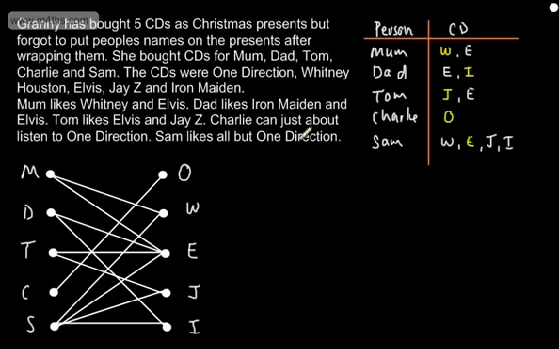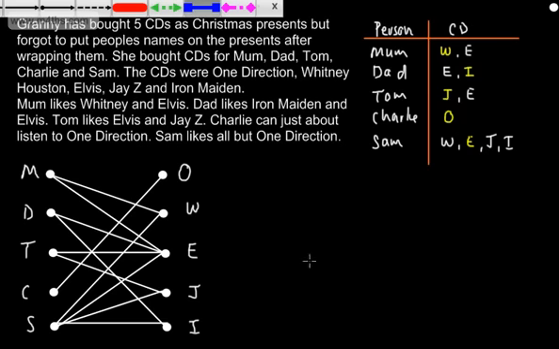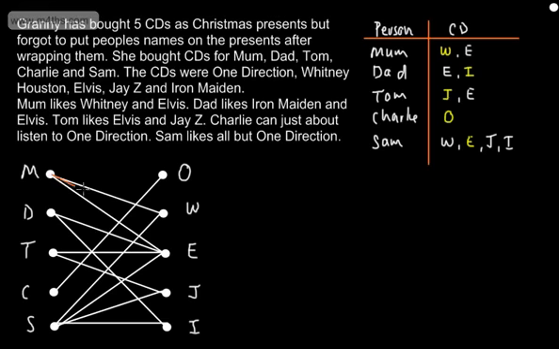I've just gone through that. So if I wanted to do that, we could show a complete matching on the graph. Usually I'll draw another one, but as you can see, it's quite time consuming. I'm not going to do that. So what we could do now is match Mum with Whitney. We could match Dad with Iron Maiden. We can match Tom with Jay-Z. We can match Charlie with One Direction, and we can match Sam with Elvis.